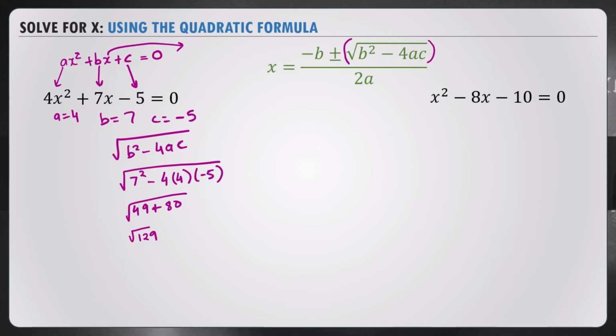The square root of 129 will now replace this portion, and we get x equal to negative b, which is negative 7, plus or minus square root of 129 over 2a. 2a is 2 fours are 8. And that is your solution.